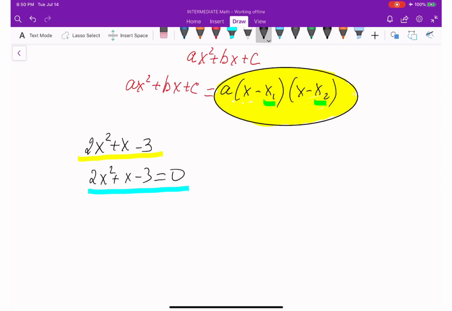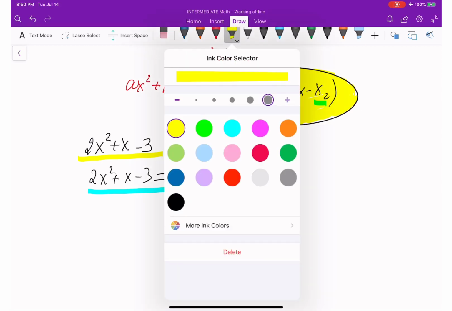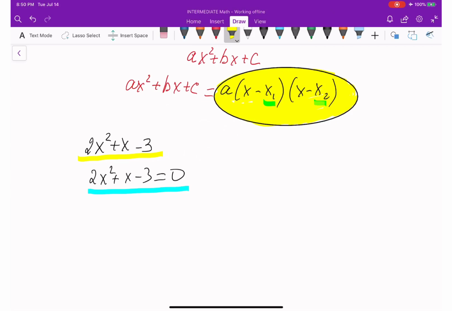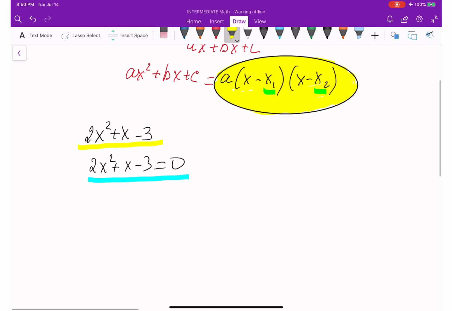All right, so how are we going to do it? First of all, we need to find the discriminant. Discriminant is equal to b squared minus 4ac.